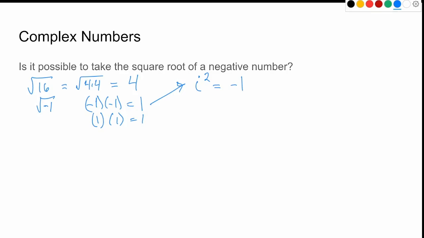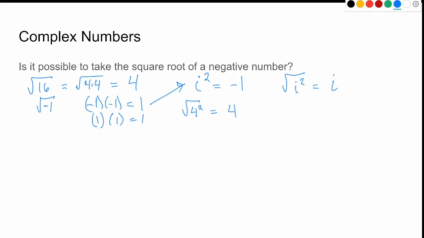Now we don't know exactly what i is, but we do know, because we defined it this way, that whenever we square i, we get negative 1. And so what that helps us is that, like this 16 here, what we knew is that when we take the square root of 4 squared, we're going to get 4. So when we take the square root of i squared, we're going to get i.